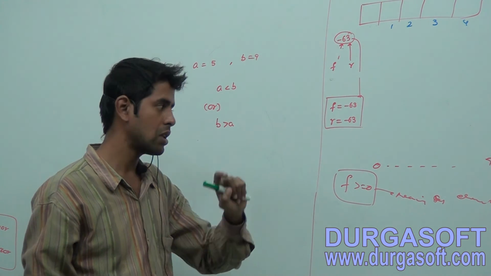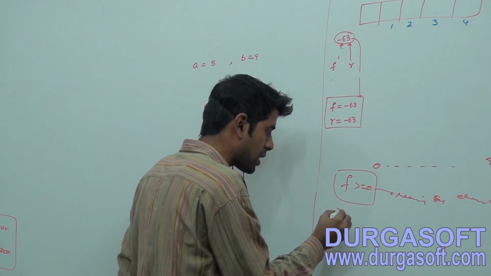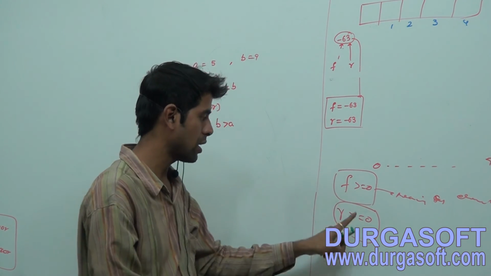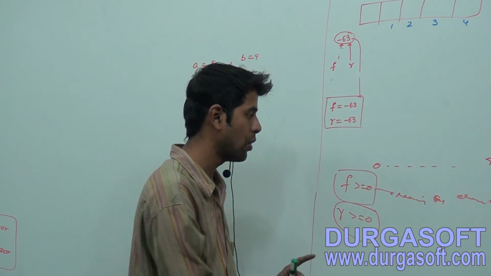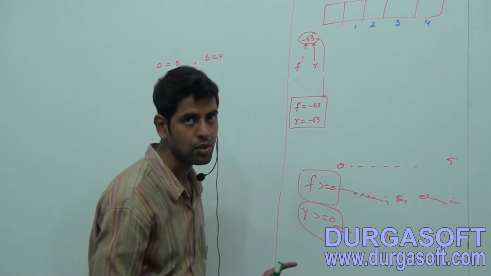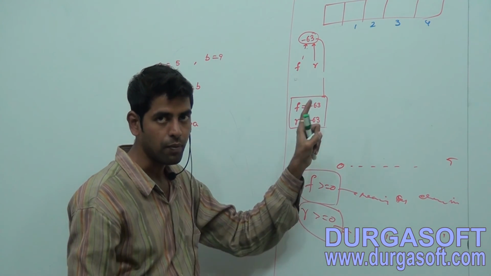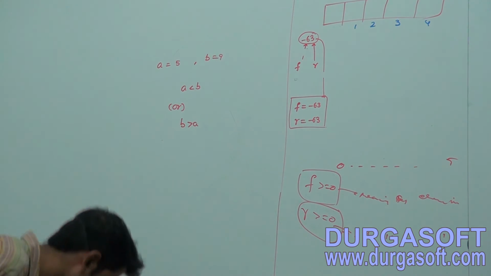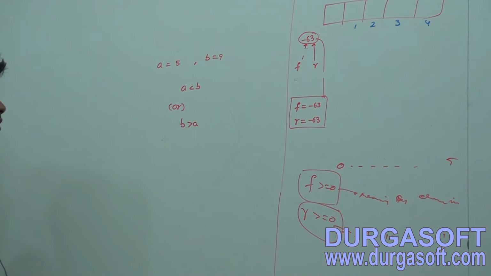And one more small thing, if rear is also greater than or equal to 0, the meaning is elements are existing within the circular Q data structure. Observe here.